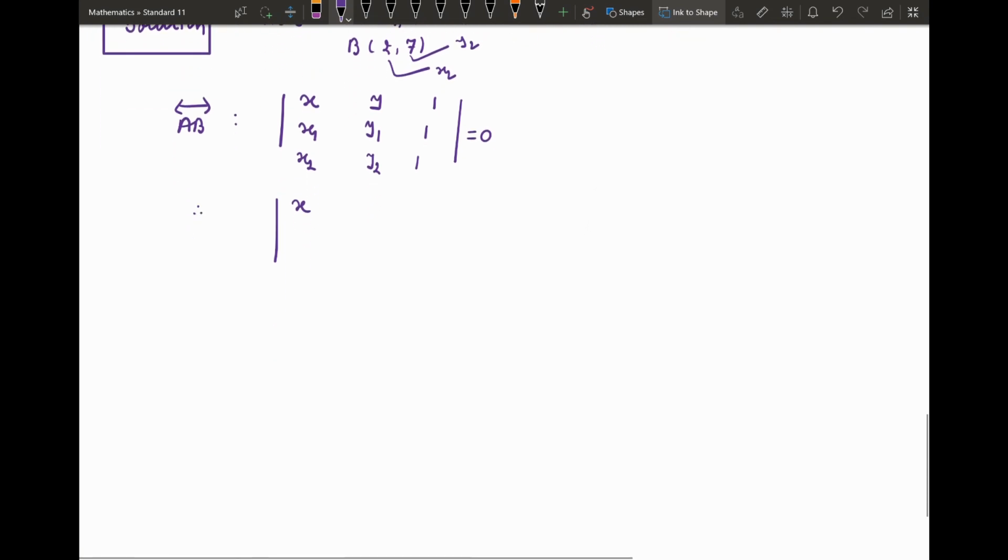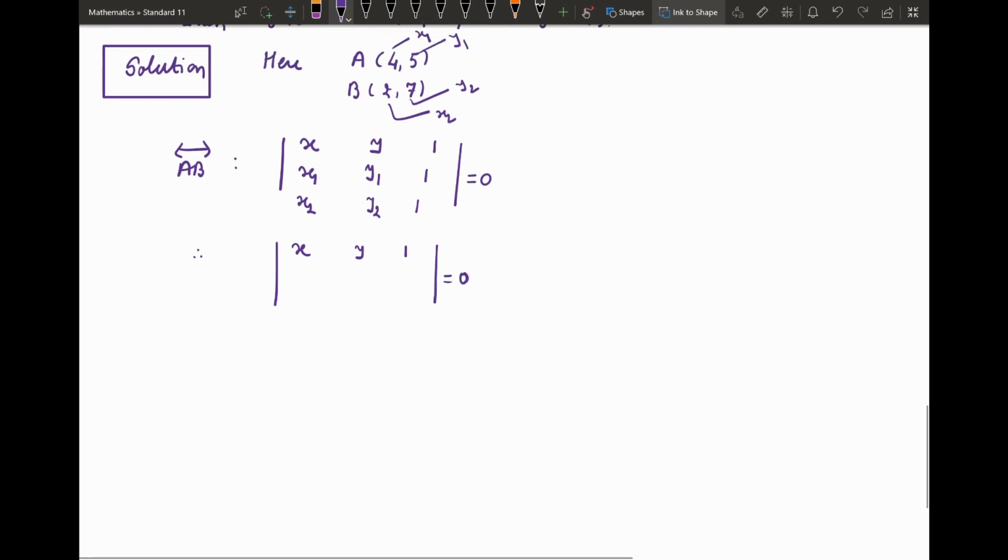So x y 1, x1 y1 becomes 4 5 1, x2 y2 becomes 2 7 1, equal to 0.